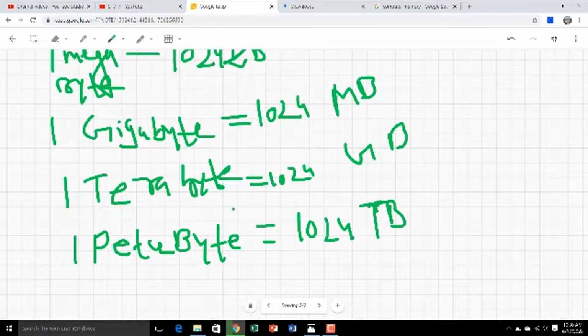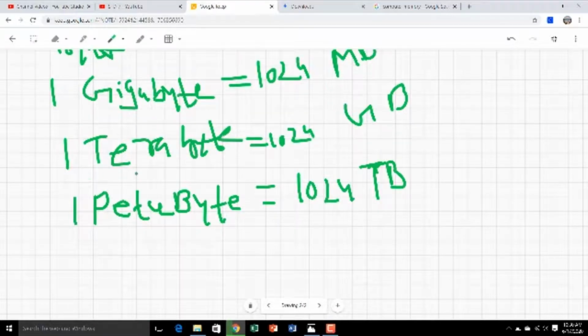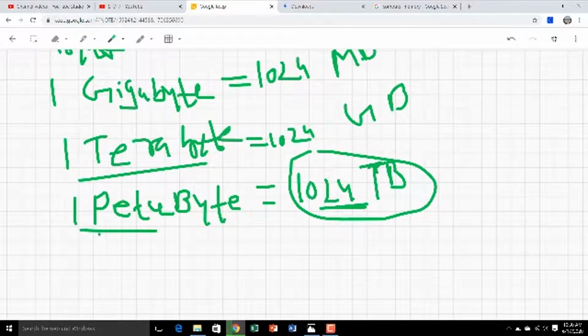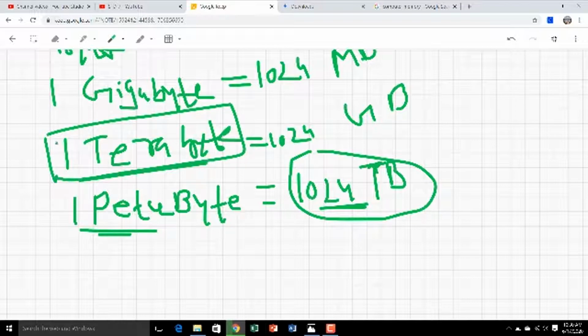Memory has different sizes. In current days, we are all using up to the terabyte. 1024 TB make 1 petabyte. We are using 1 terabyte or 2 terabytes in a hard disk. Understand?